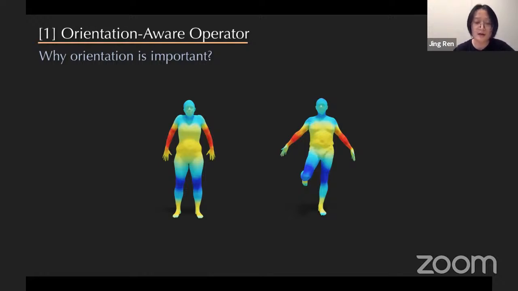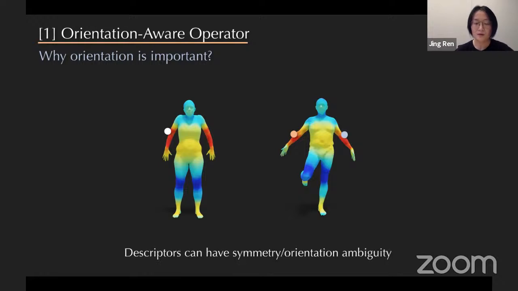For example, here I show a pair of human shapes with the wave kernel signature, where red means the value of the descriptor at this vertex is high, and blue means lower. For this highlighted vertex, if we find its nearest neighbor according to the computed wave kernel signature, it can give you either this vertex on the right arm or the one on the left. So these descriptors have a symmetry or orientation ambiguity, and this is something we want to avoid.